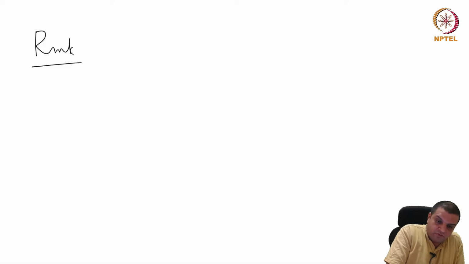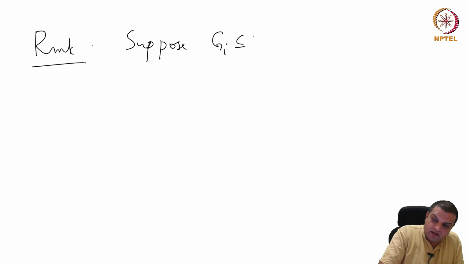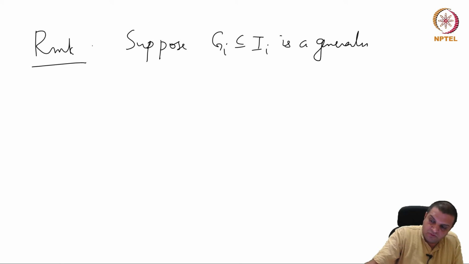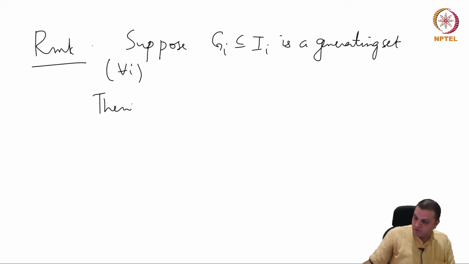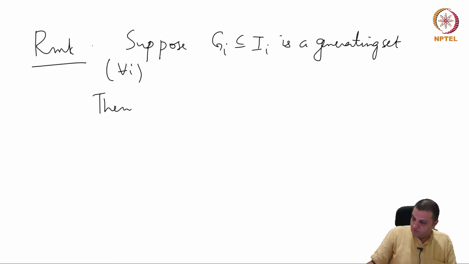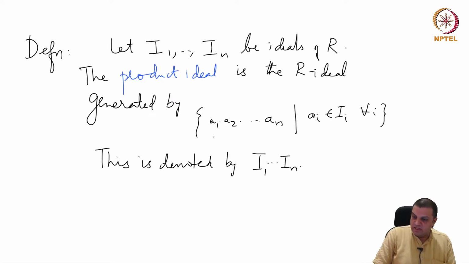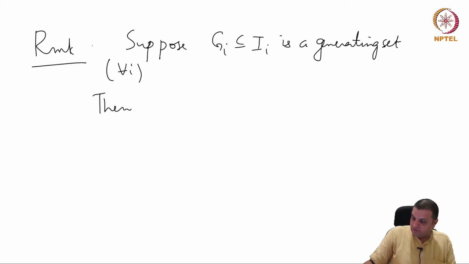So just one remark. Suppose Gi inside Ii is a generating set, for all i. For each ideal, take a generating set. Then we don't need to take all elements of each ideal, as we said before.